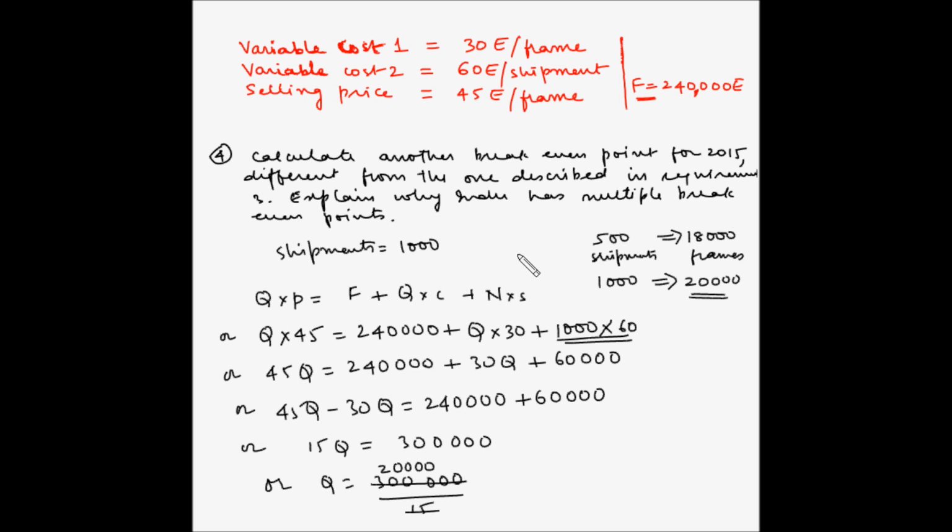So now why does Indu have multiple break-even points? So Indu here has multiple break-even points because there are two different cost drivers, cost 1 and cost 2, which is quantity of picture frames and the number of shipments. And the various combinations of these two cost drivers will yield different break-even points.